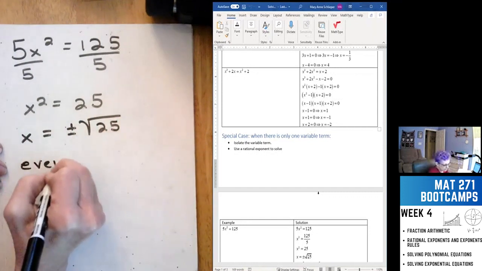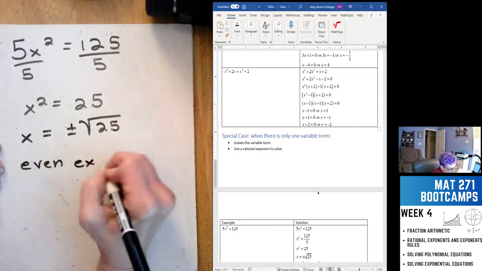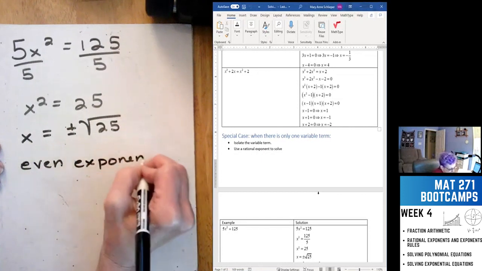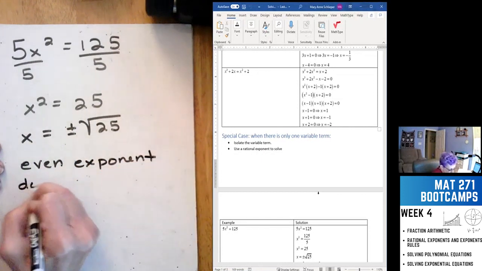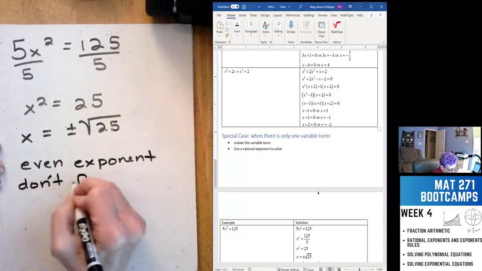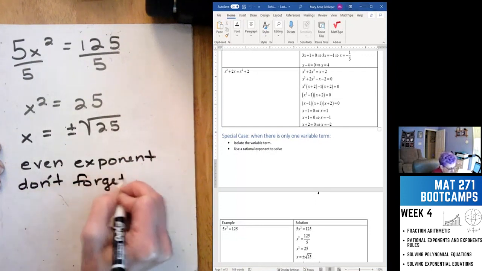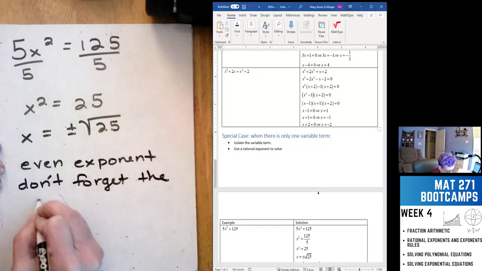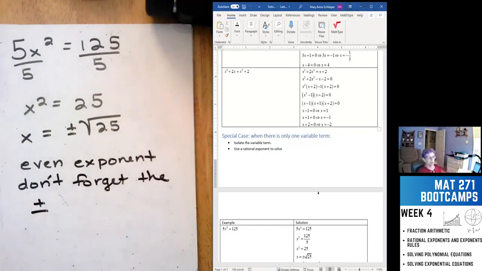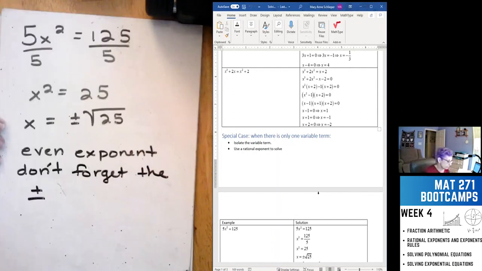If you have an even exponent, don't forget the plus or minus. You'll lose half your answers. Yeah, it's easy to forget that plus or minus thing. But remember, negative 5 squared also equals 25.